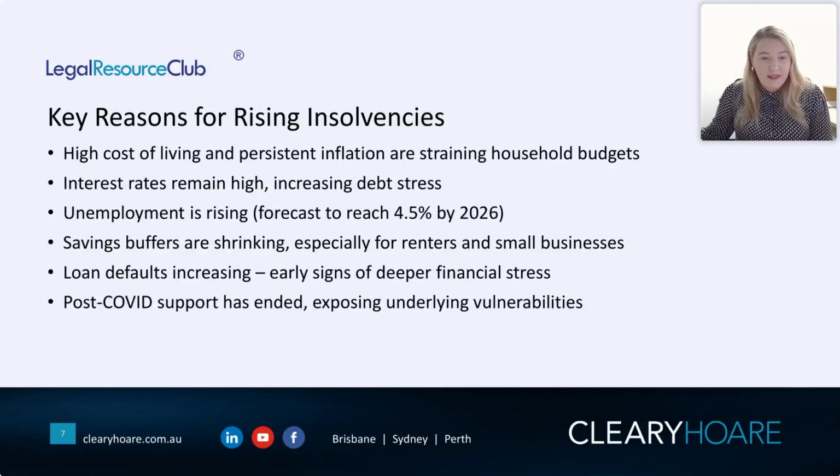And then lastly, we know that COVID was 4 or 5 years ago now, so all of that support has long gone, and we're still really seeing the effects of what people went through during COVID and the economic decline there. So those are some of the reasons why we're seeing such an increase in personal and company insolvencies.